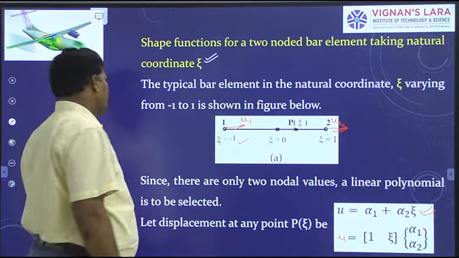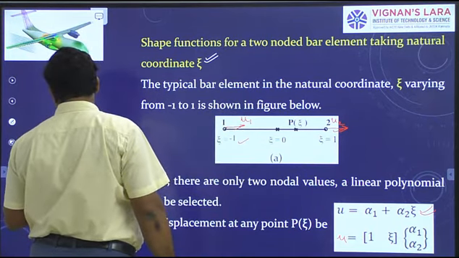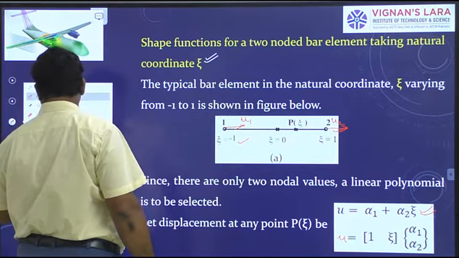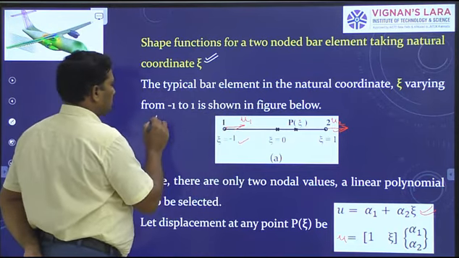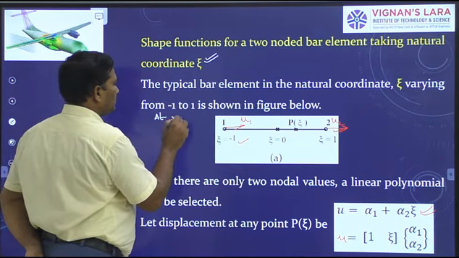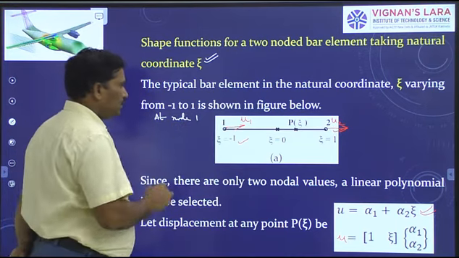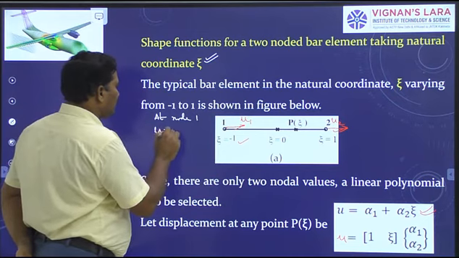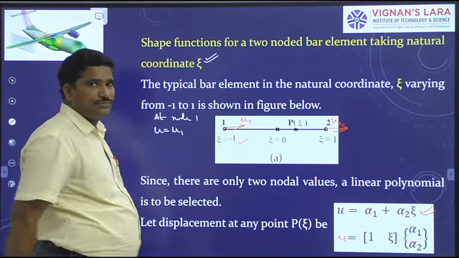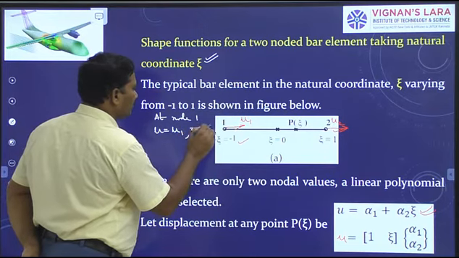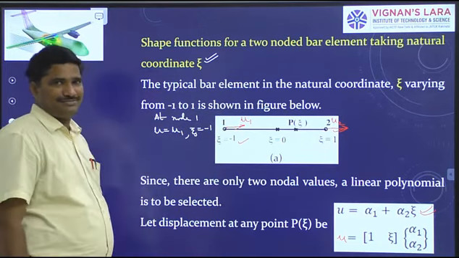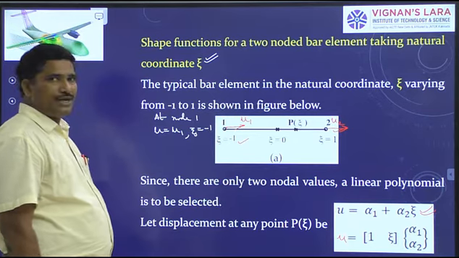Okay. Now, we can write the conditions like this. At node 1, u equals u1. At the same node, what is ξ? ξ equals minus 1. This is the condition. Right?